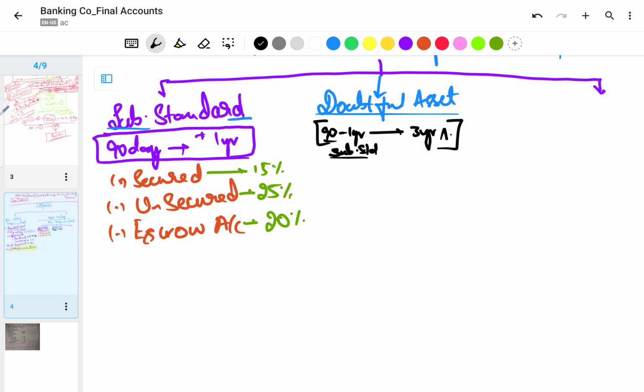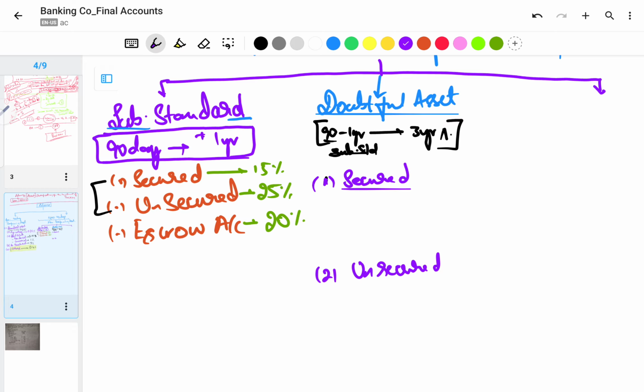Here also there are two categories, secured and unsecured, and escrow account. Here we consider the first category as secured, and the second category as unsecured.